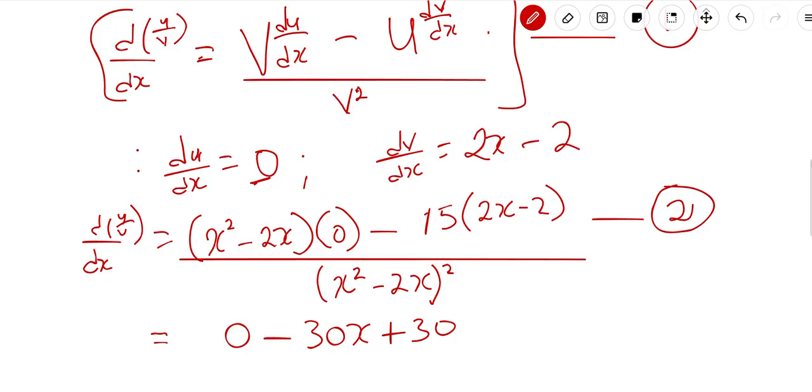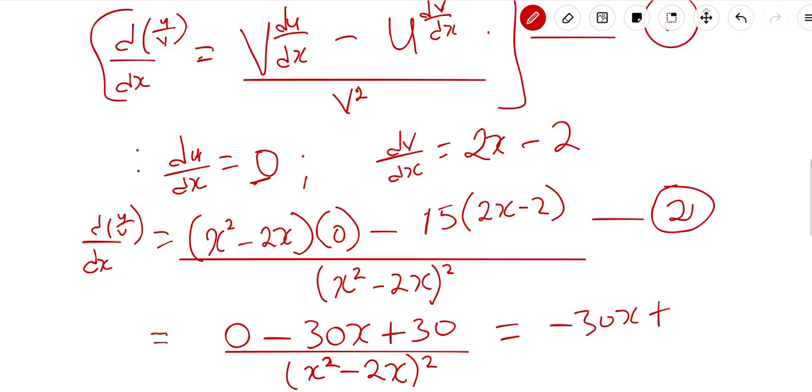So this is going to be divided by x squared minus 2x to the power of 2. This is going to give us minus 30x plus 30 divided by x squared minus 2x to the power of 2.